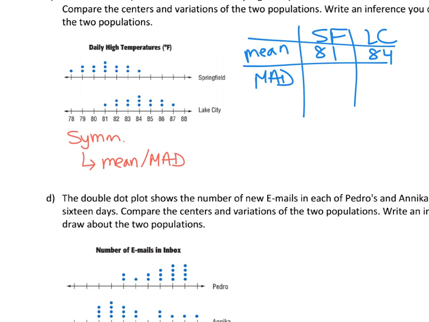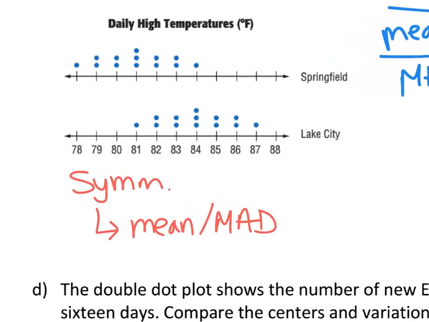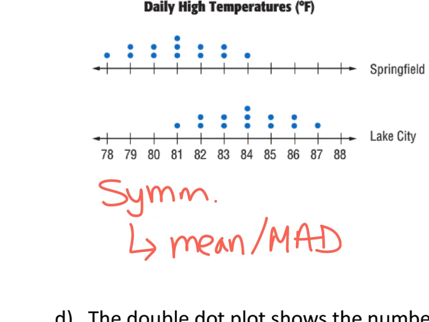Here's where it gets a little complicated. To find the mean absolute deviation, we need to first be focused on where the mean is. So let me do Springfield first. Our mean is 81. So there are 3 circles here, so I'm going to put 3 zeros because our mean always gets zeros. If I look at this data value, 80, it is 1 space away from that mean. So I'm going to make these both 1s.